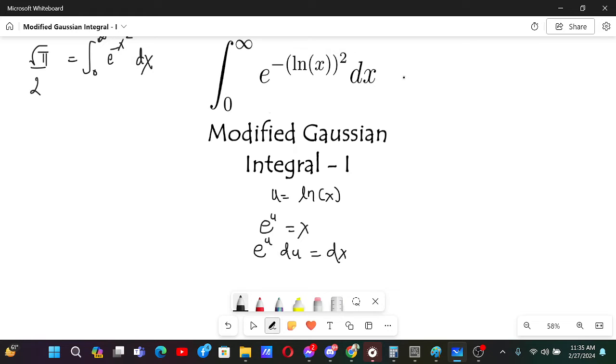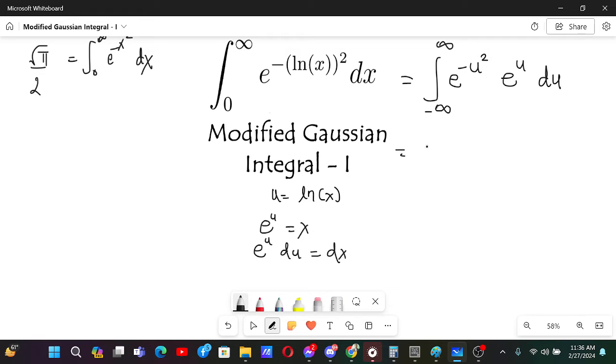Now if you make that substitution, ln of 0 is minus infinity and ln of infinity is infinity, and we have e to the power ln x is just u, so minus u square, and dx is e to the power u du.